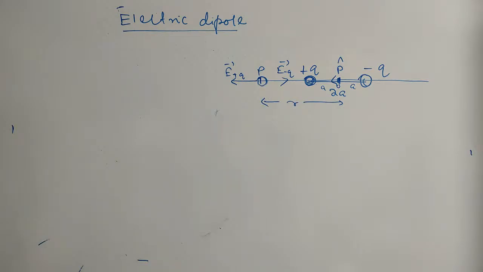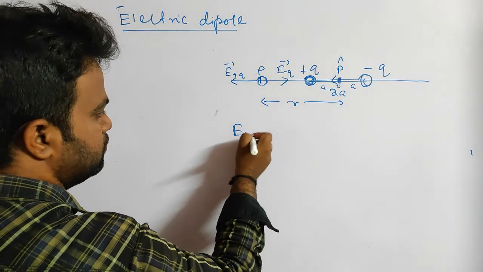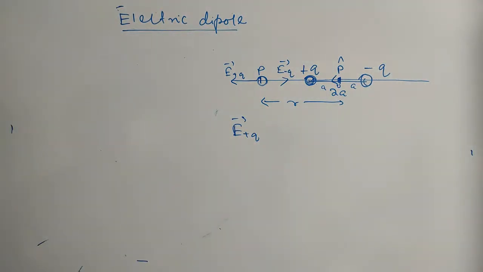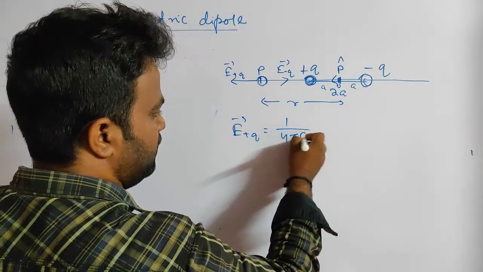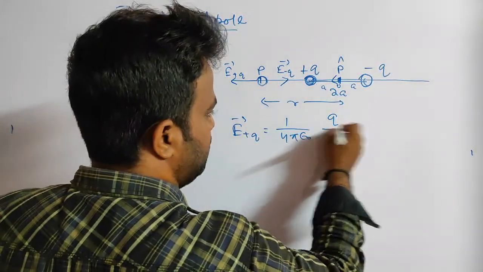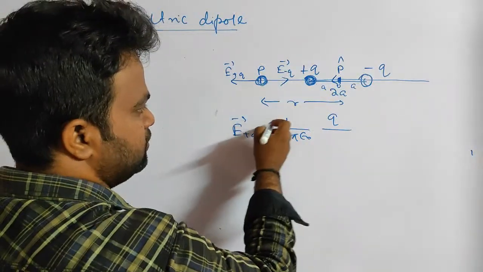Okay. So what will be the electric field E plus Q in this situation? E plus Q will be 1 by 4 pi epsilon naught Q by, what is the distance from here to plus Q charge?